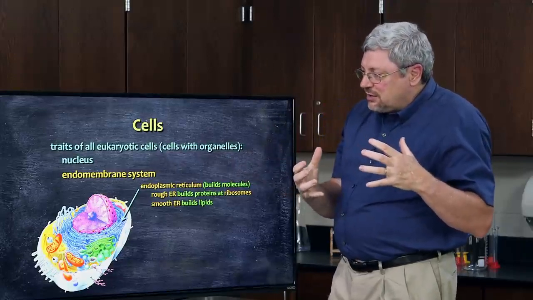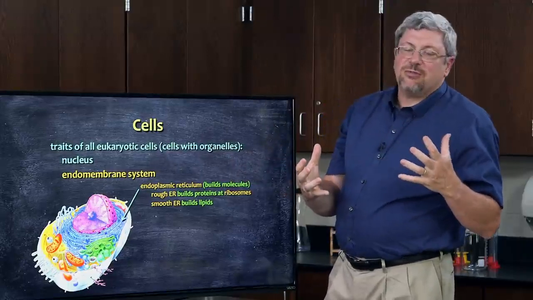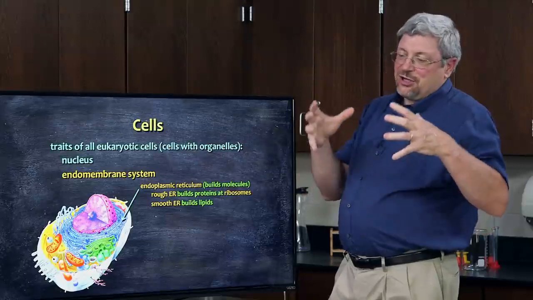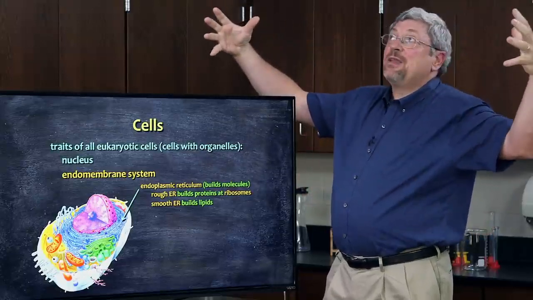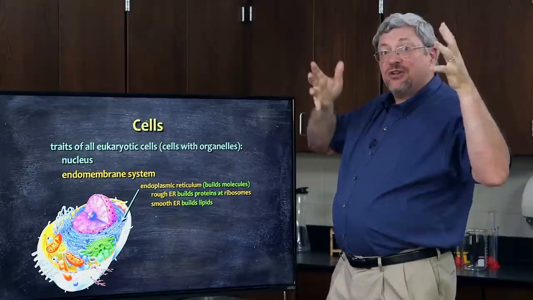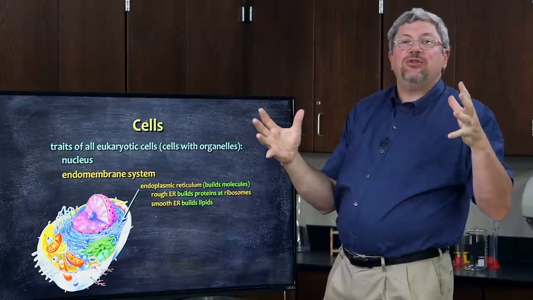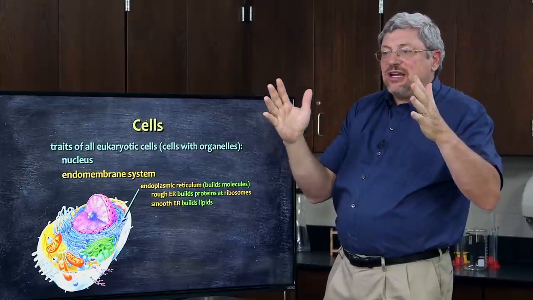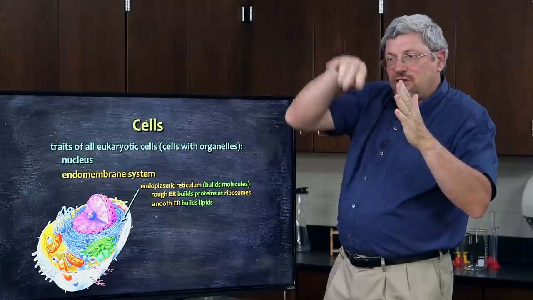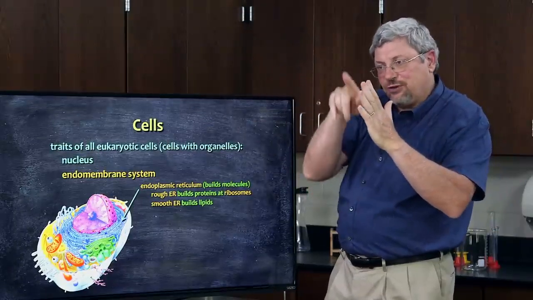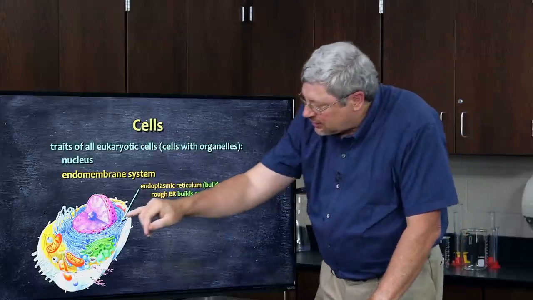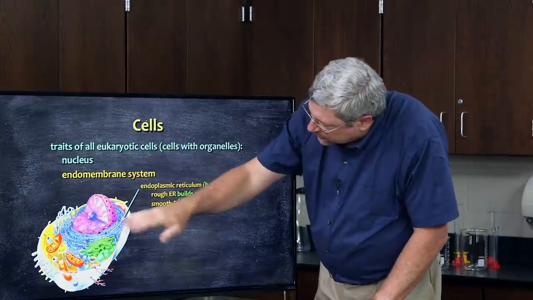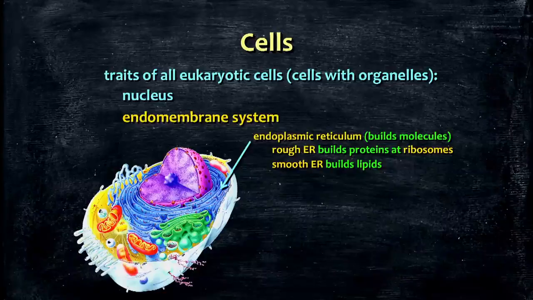Basically, the endoplasmic reticulum, sometimes shortened ER, the ER is like one big bag. It's a bag with an awful lot of surface area. It's a huge membrane with a huge amount of surface area that is very carefully folded, so it's collapsed and folded in such a way that if you cross-sectioned it, you're looking through a maze.